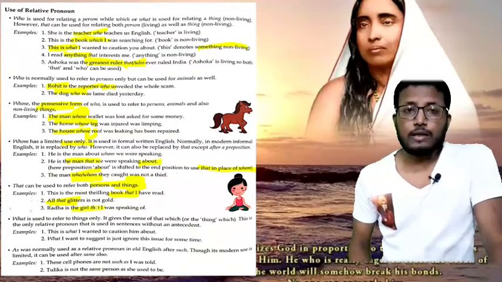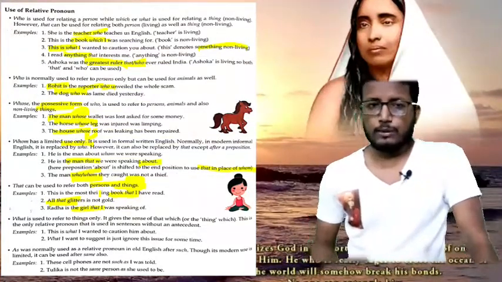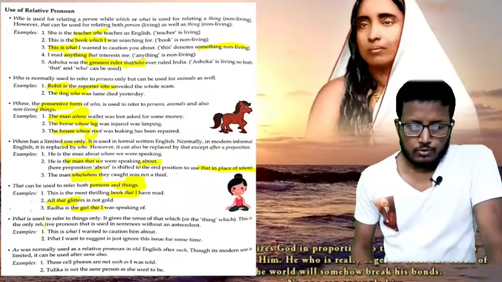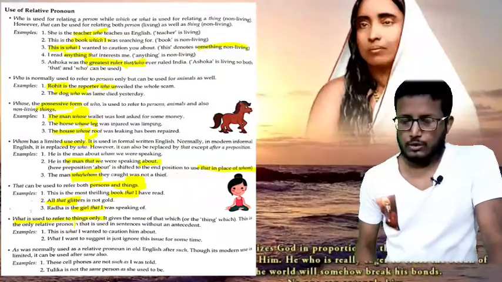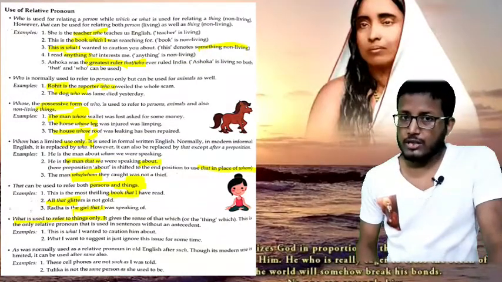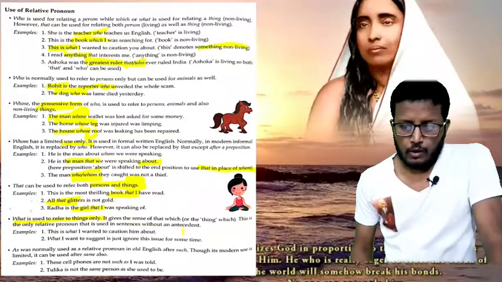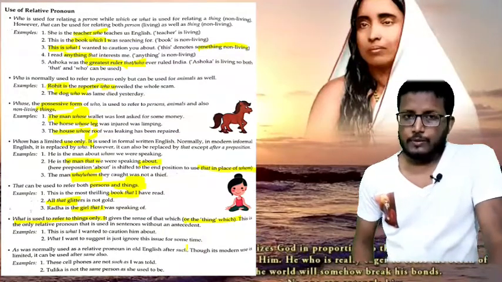Here the word that is used as a noun clause. In the clause class I will tell you something more about this. What is used to refer to things only. You can see the word what we are using for things only. It gives the sense of that which or the thing which. This is the relative pronoun that is used in sentences without an antecedent.